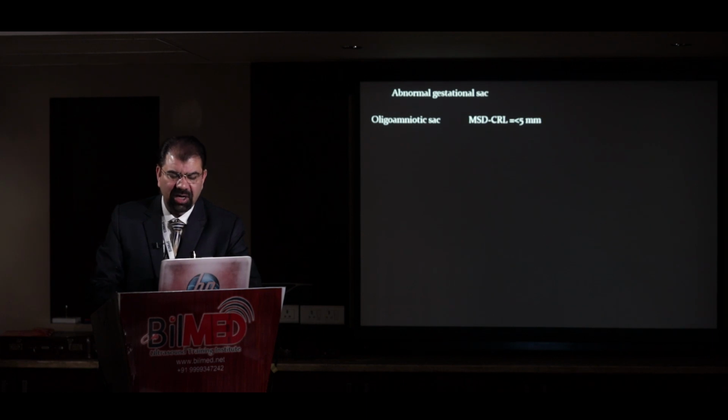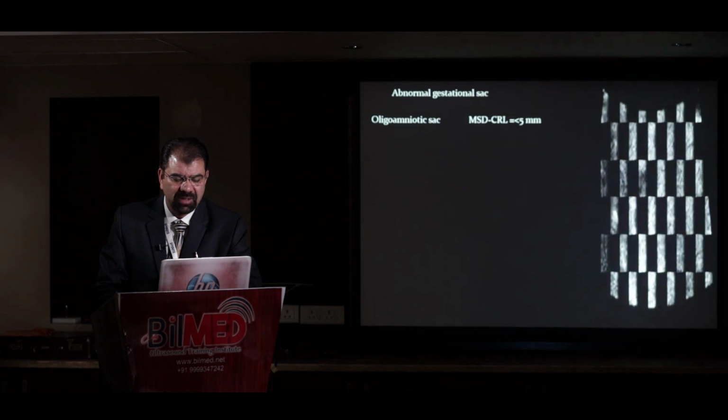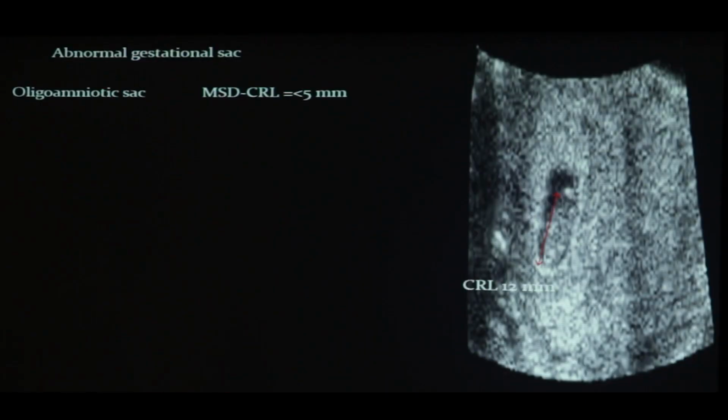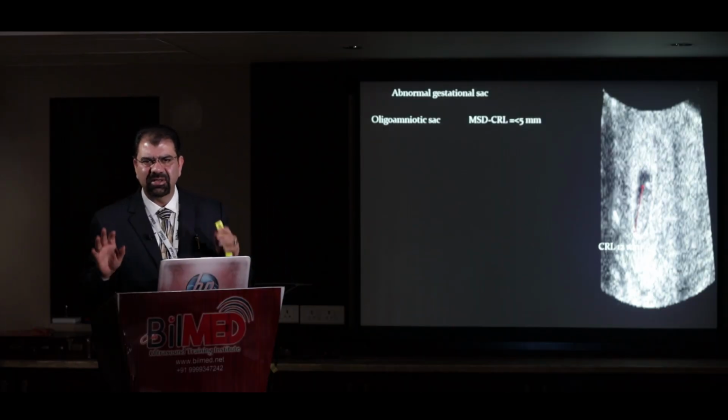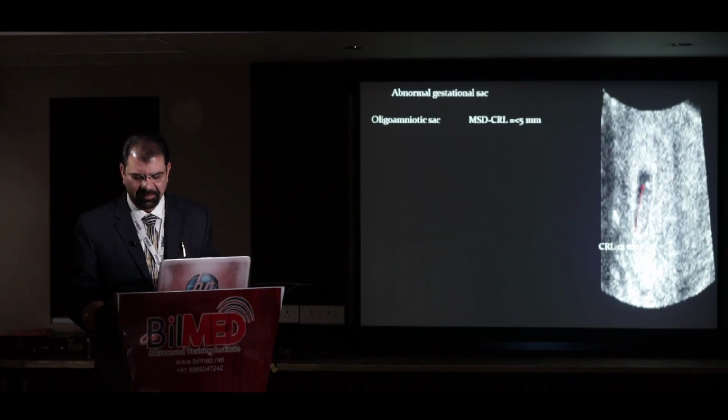So how to make out whether I am dealing with this, using the mean sac diameter? When you are taking CRL, for example, first you are expecting, as per LMP, an 8 weeks fetus. The CRL is corresponding with 8 weeks, maybe 7.5, maybe 7, but anyhow it is corresponding with whatever I am expecting.